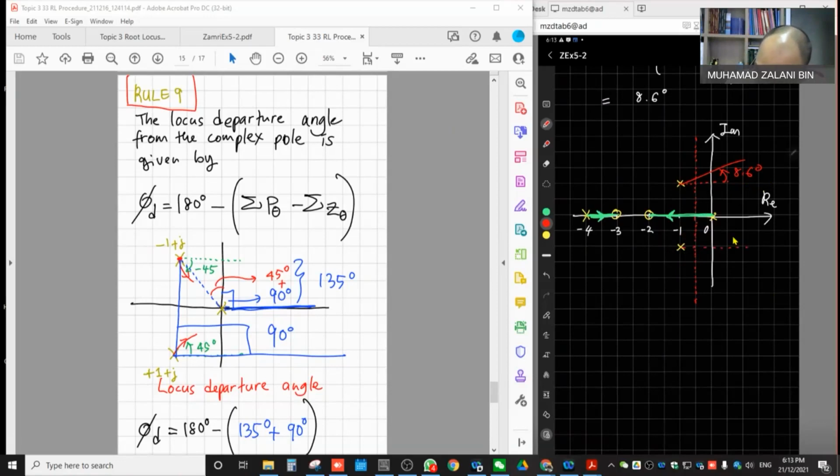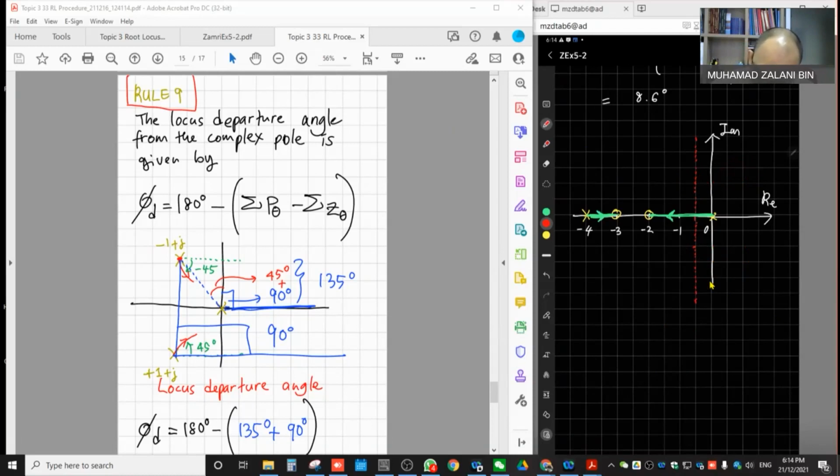Let's say this is the horizontal. Suppose that it is -8.6 degree because it is symmetrical. So I've just sketching like that because I'm going to show you the angle, which is 8.6 degree angle is like that. Right? Then I will just remove that so that I can draw the locus.